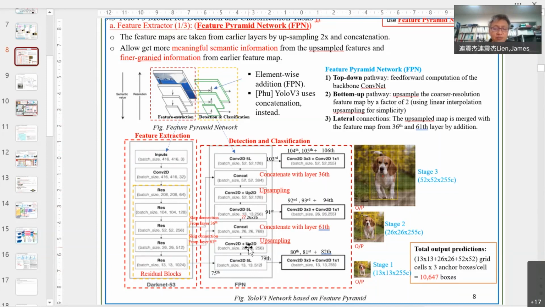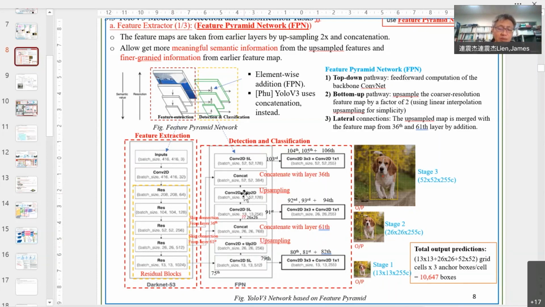And they do upsampling here. And after upsampling, they get information from the original pyramid backbone to concatenate. So this is the lateral connection. After this, they keep concatenating, combine, and then do convolution. And here they have the other output, in higher resolution, 26 by 26 in stage 2.